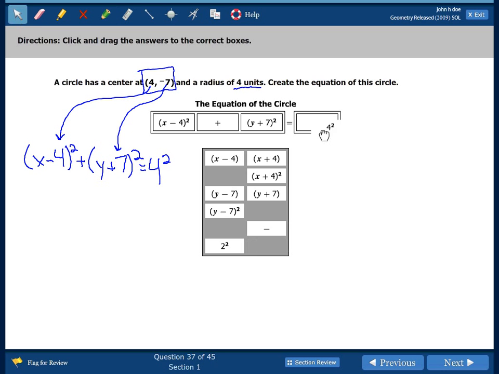I kind of broke the rule that I like to follow. I didn't look for the keyword first. The keyword was create the equation of this circle, so that's what we did. Remember, if you screw up one of these things on the SOL, you will not get any credit for the problem. It's very important that you put in everything correctly.